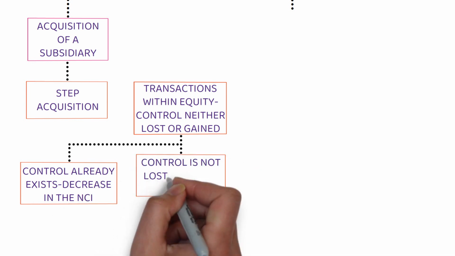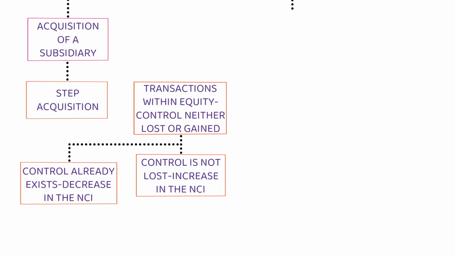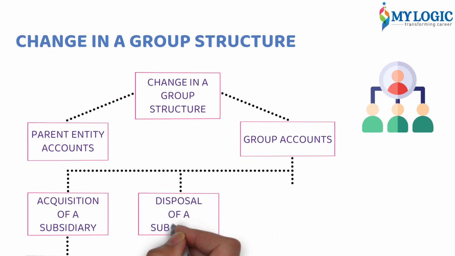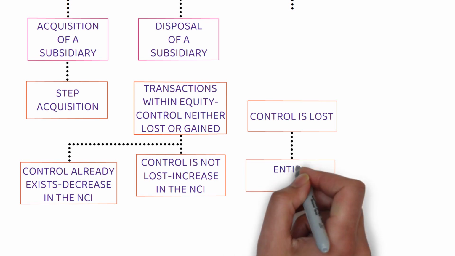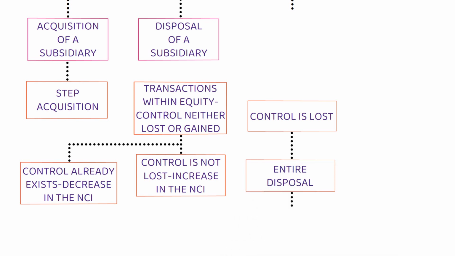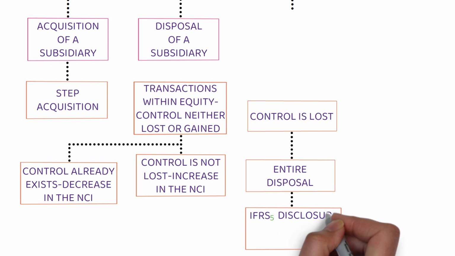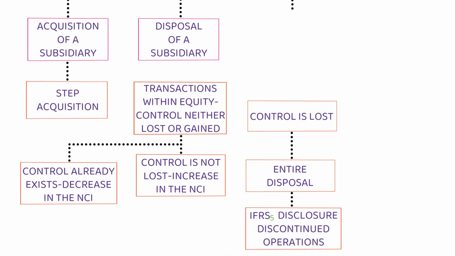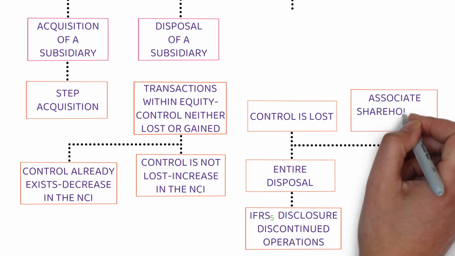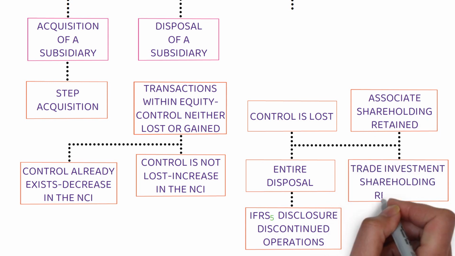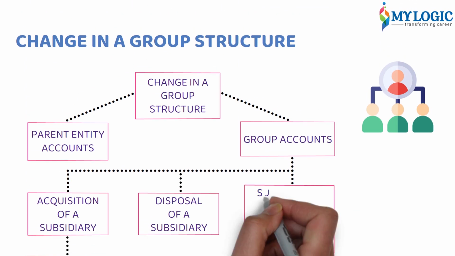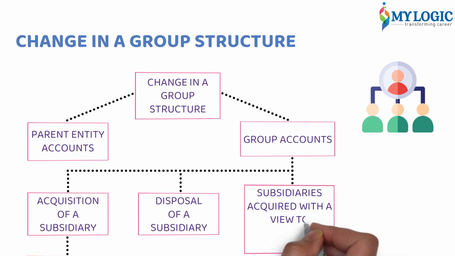Control is not lost. Increase in the NCI. Disposal of a subsidiary. Control is lost. Entire disposal. IFRS 5 disclosure, discontinued operations. Associate shareholding retained. Trade investment shareholding retained. Subsidiaries acquired with a view to subsequent disposal.